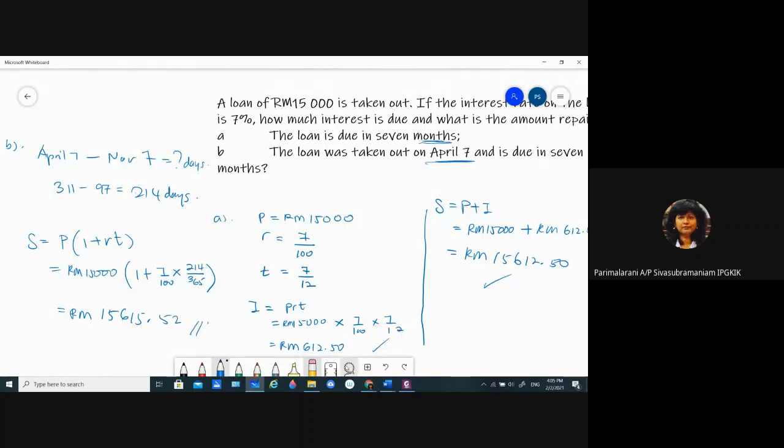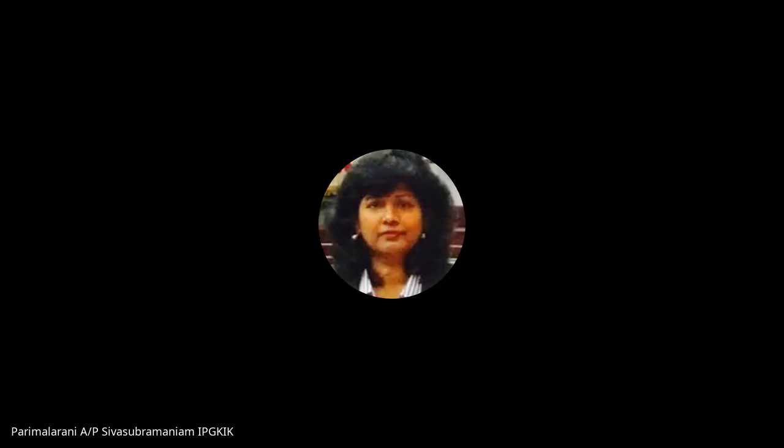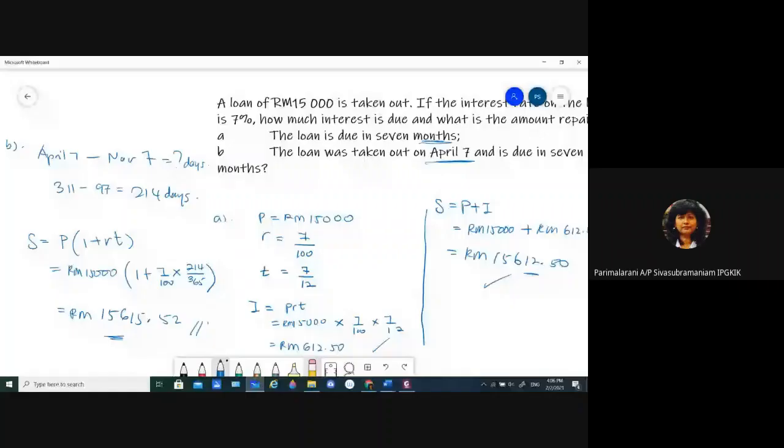Do we have exactly the same? Different, okay? Part B is a little bit more. Okay, so this is how we calculate.